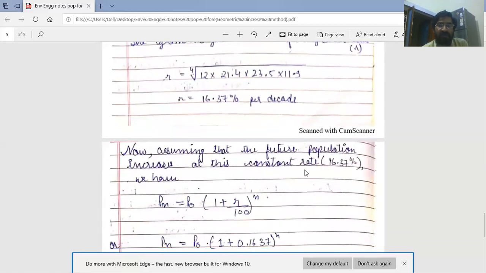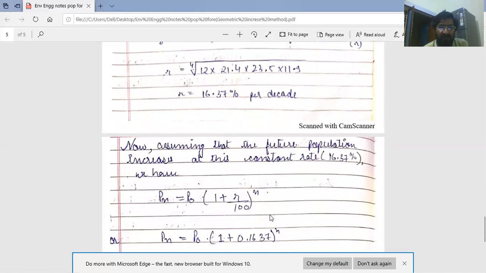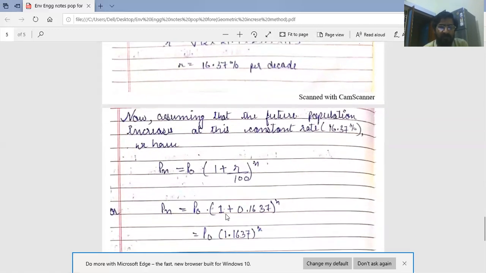Now assuming that the future population increases at this constant rate 16.37 percentage, in geometric increase method the formula is Pn is equal to P0 into 1 plus R upon 100 to the power n. Pn is equal to P0 into 1 plus R, where R upon 100 is 0.1637, to the power n.